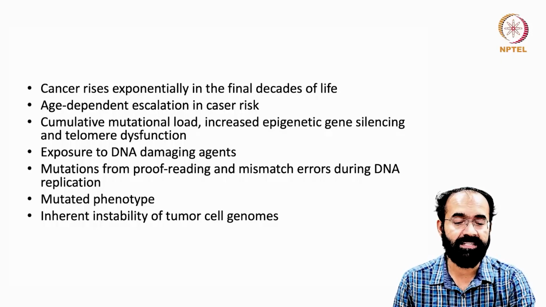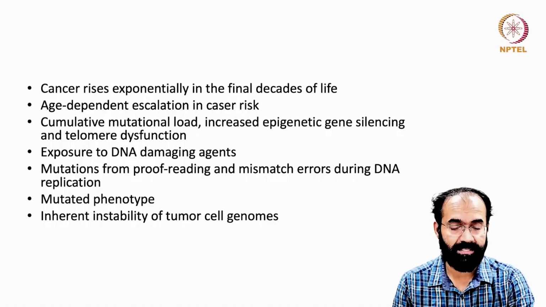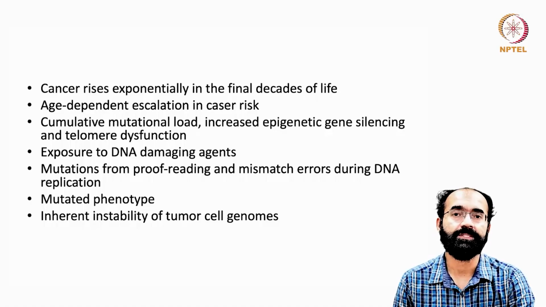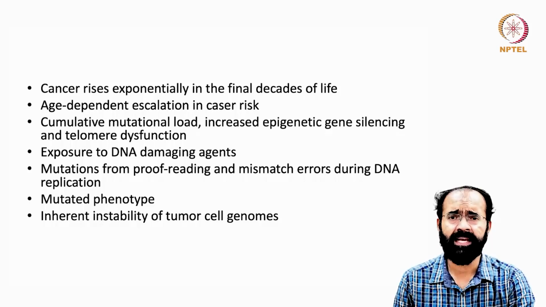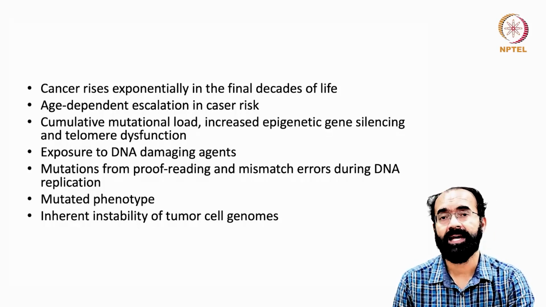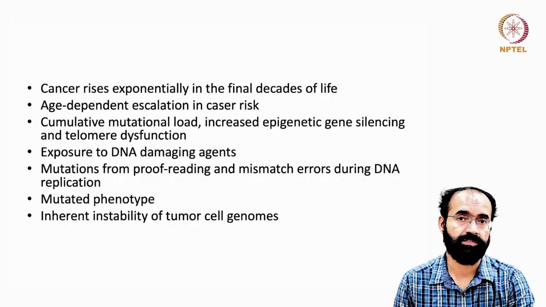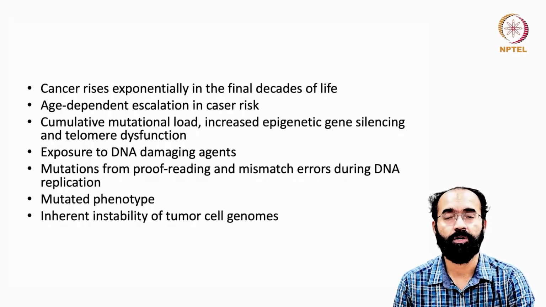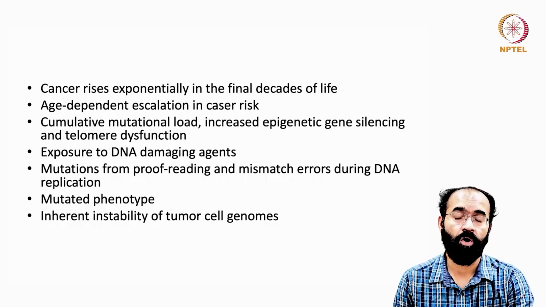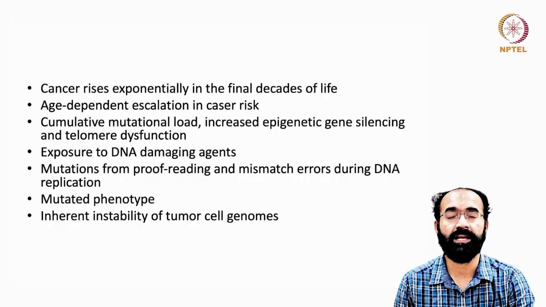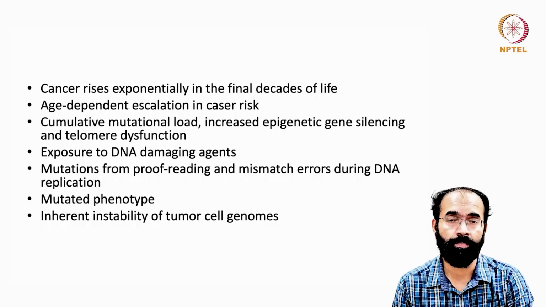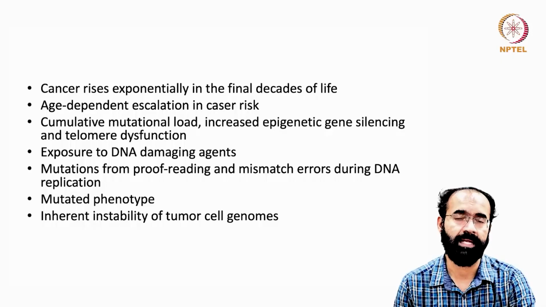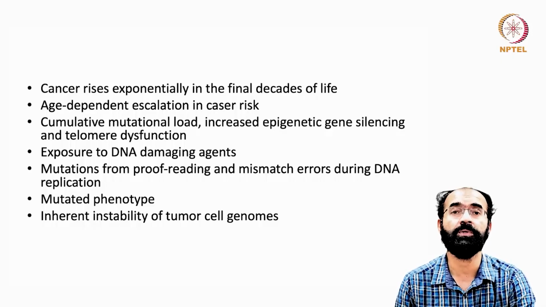Next, the inherent instability of tumor cell genomes. Many times, if there is a tumor or a trouble in a given cell, the cells do not follow any of the cell rules like anchorage dependence, not piling over another cell, or not switching to glycolysis alone but following the Krebs cycle for optimum ATP production from the glucose molecule.